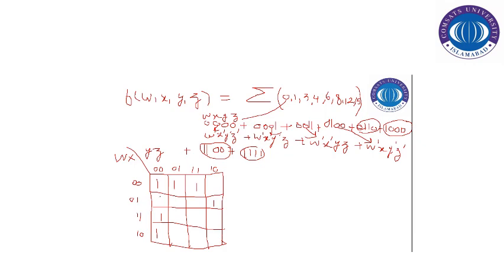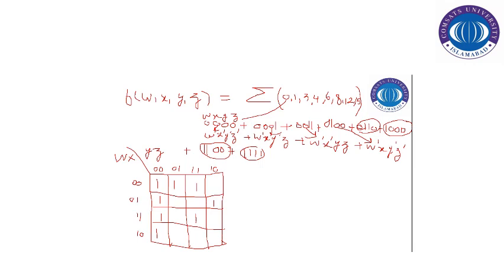If I haven't missed that, yes, minterm number 4 is 1, and minterm number 15 is 1, that is this one. The rest of the cells are 0.